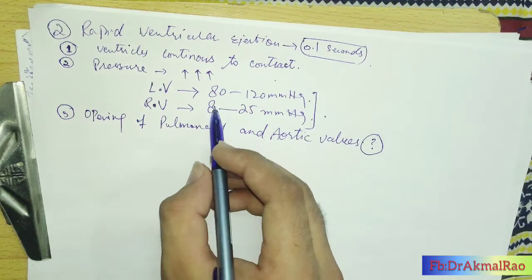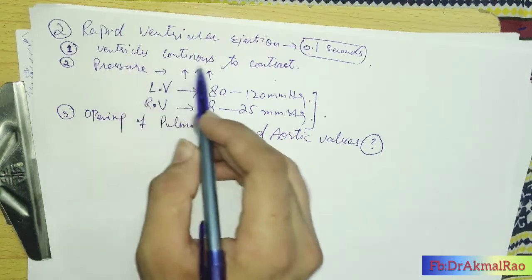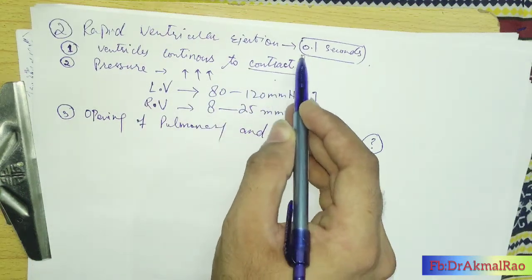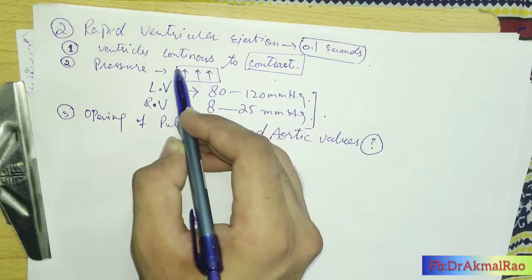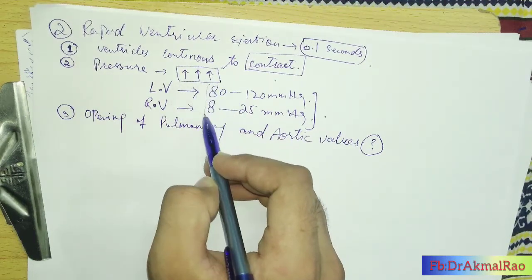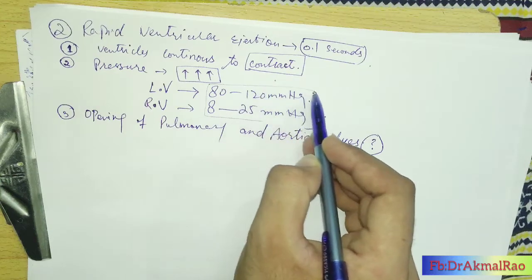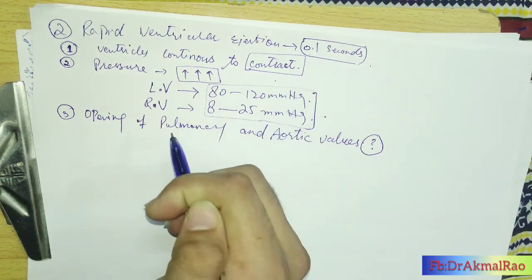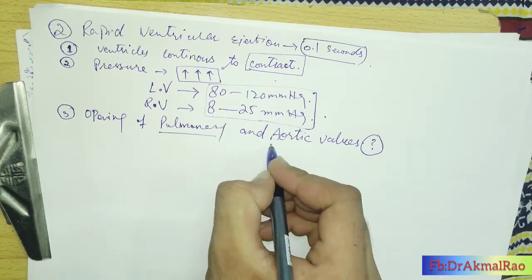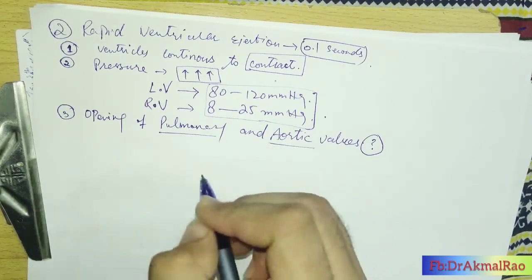And the answer is because the ventricles are contracting continuously and the pressure is increasing. When the pressure is increasing, ventricles are contracting, so that's why the pulmonary and aortic valves open.